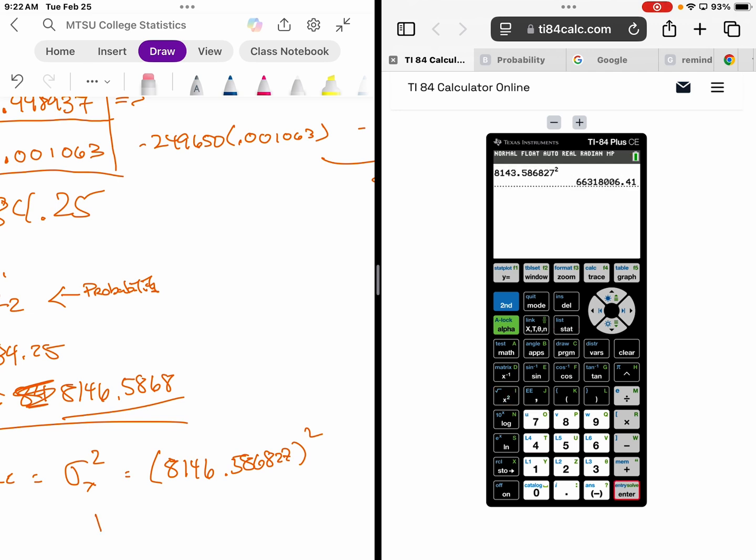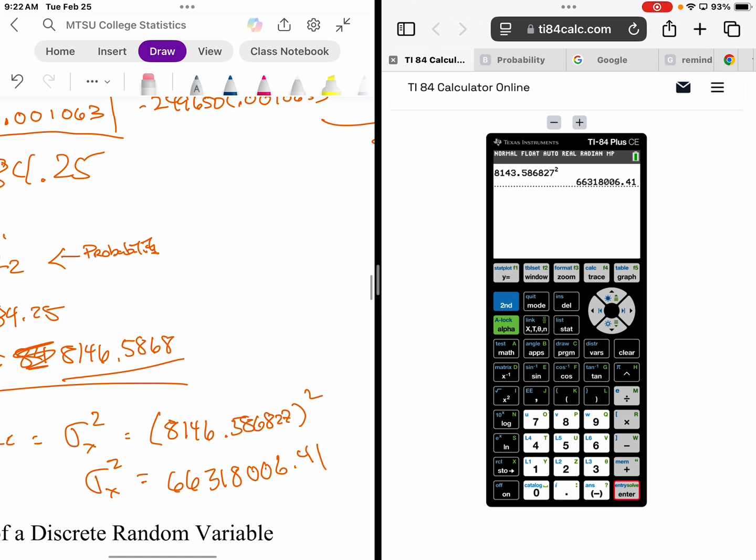My variance, σx squared, equals 6631806.41. Thinking big number, 66 million. Okay. Now that just tells us the variation that's out there. And really, when we look at the grand scheme of things, we don't use variance a lot for describing the spread, but that's what technically it's calculated as.